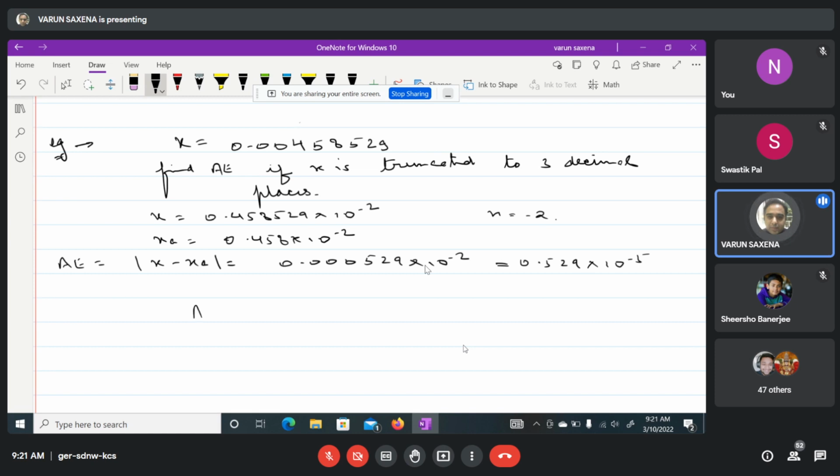So absolute error should be less than 10 to the power n minus k, which is 10 to the power of minus 2 minus 3, which is 10 to the power of minus 5. And you can see clearly that this number is less than this, because this is 1 into 10 to the power minus 5. This is 0.529 into 10 to the power minus 5. So it is lesser than this, right? So this rule gets satisfied. So rule number 1 is satisfied in this case also.